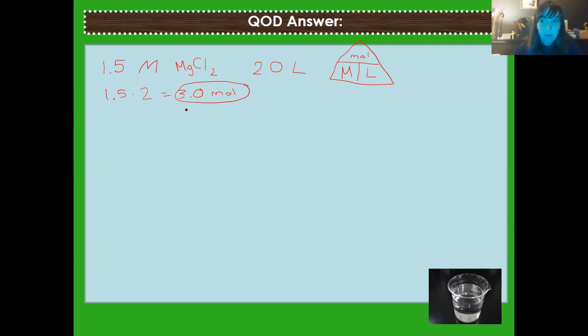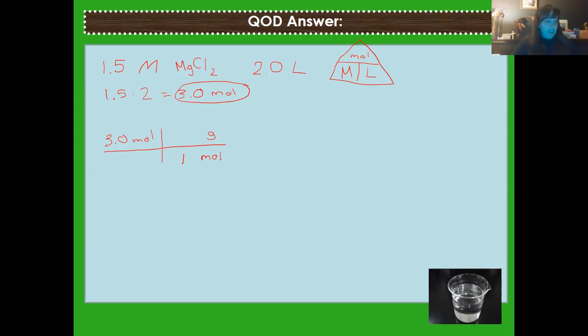All right, so we have 3.0 moles of magnesium chloride, but it's a lot easier to measure out grams. So let's just change those moles to grams. If you have a unit that has to go, you put that unit down below. Have a unit that you love, you put that unit up above. So the number of grams here is going to be the gram formula mass.